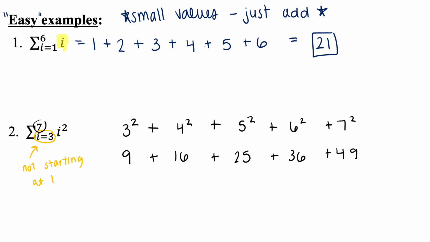Again, small enough values that we can just add these, and adding 9 plus 16 plus 25 plus 36 plus 49 gives us a sum of 135. So just a couple quick, easy examples before we move into some of the more complicated and more fun examples.